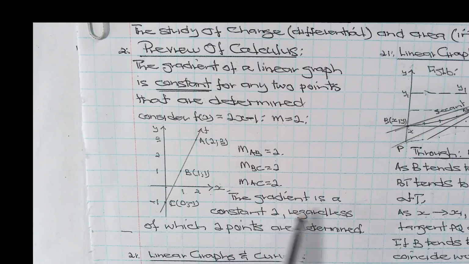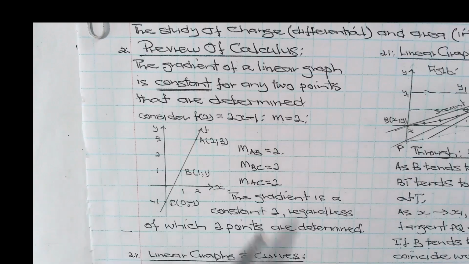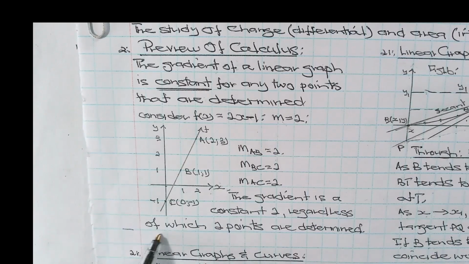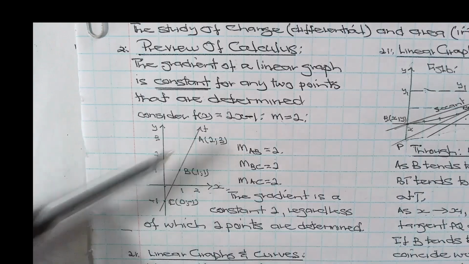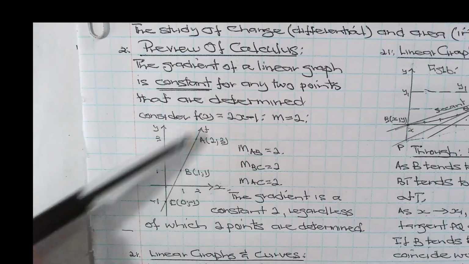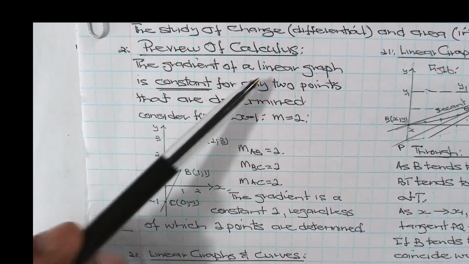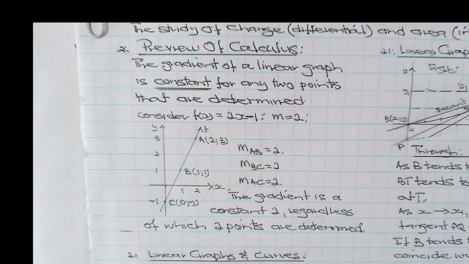The gradient is a constant 2, regardless of which 2 points are determined. The slope of the graph of f will always be constant if it's a linear graph or a straight line graph.